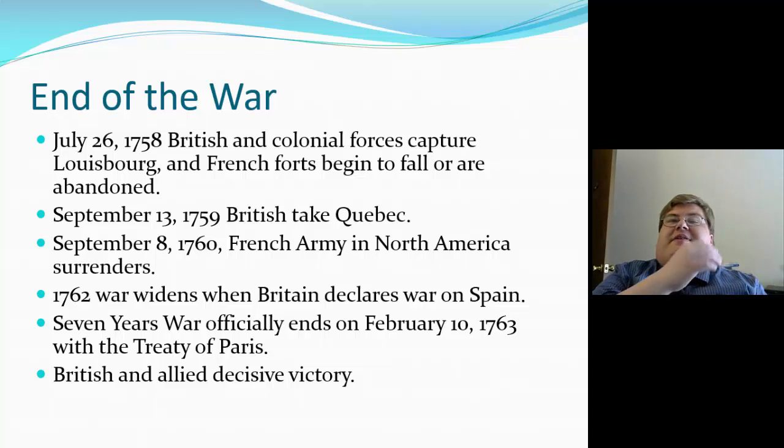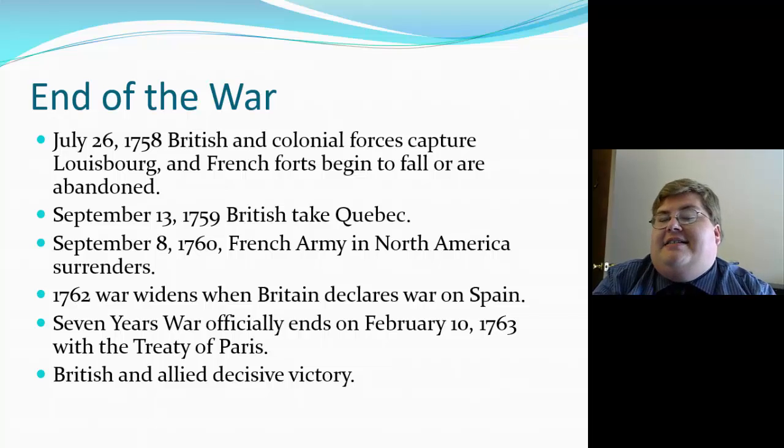Now what we're going to see is because of that, Britain wants to score something of a knockout blow in Europe. And so in 1762, it declares war on Spain. That's not so much important yet. But why that's important is Britain is pissing a lot of people off. They've upset France. They've upset Spain.